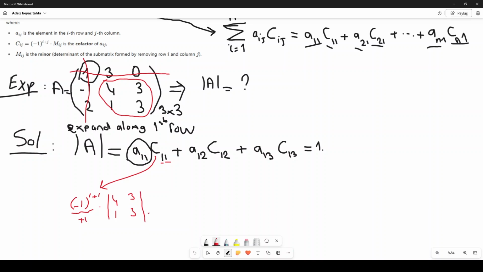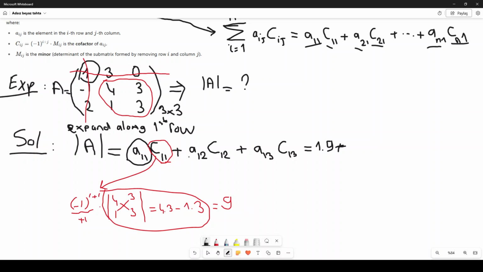We know how to find the determinant of a 2×2 matrix. It's very easy. This is 4 times 3 minus 1 times 3, so 12 minus 3 is equal to 9, times 1 is again 9. So we found the first cofactor. This is 9. So 1 times 9. Plus, let's continue.